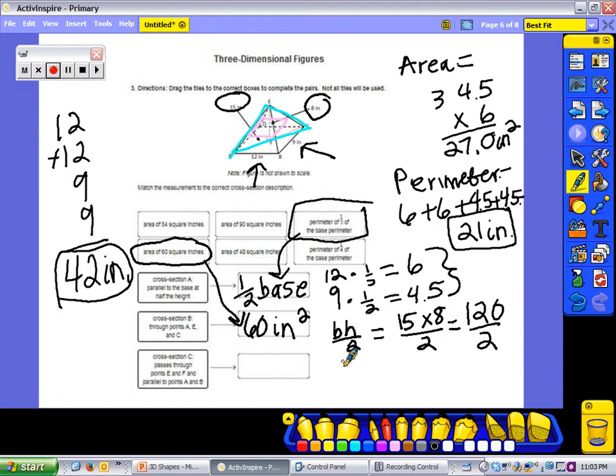Okay. It says it passes through points, I'm on the last one down here, passes through points E and F and parallel to points A and B. Okay, I may have to move some stuff here.